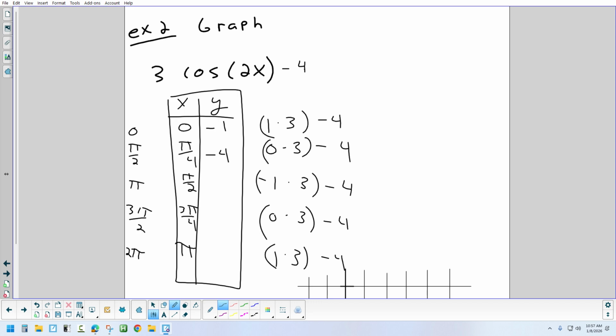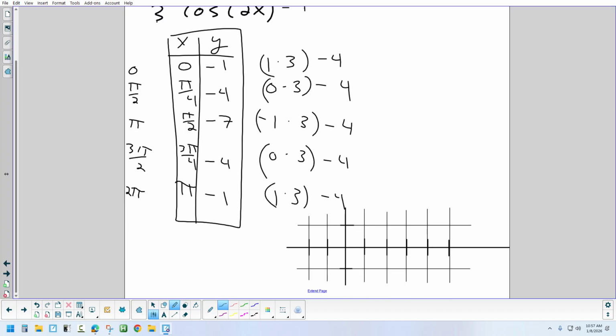Negative 7. Yep. And the fourth one, that's going to be negative 4. And the last one, negative 1. So that's a multi-step transformation that had 3 steps. We changed the period length, did a vertical stretch, and we shifted it down 4.